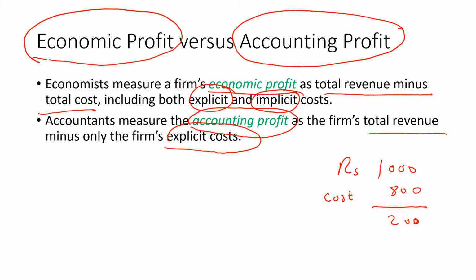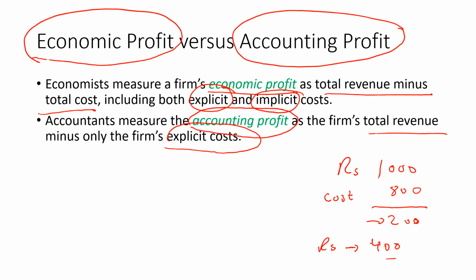At the same time, he was also offered a job which paid him Rs 400. So the implicit cost now for this person is 400. You can see that he is earning 200 from this business, and he could earn 400 from doing a job somewhere else. So which option is best for him?